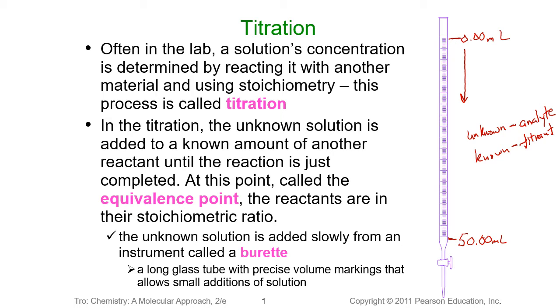For acid-base reactions, we also add something called an indicator. The indicator is a special chemical that signals the equivalence point.